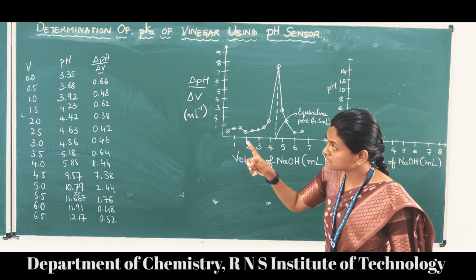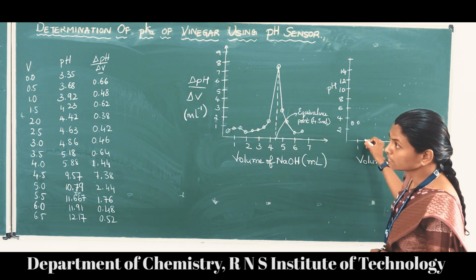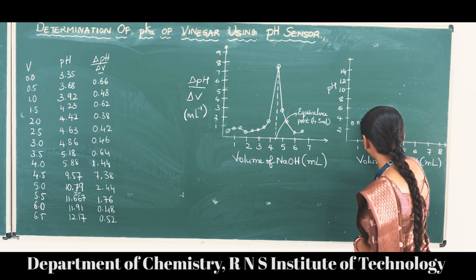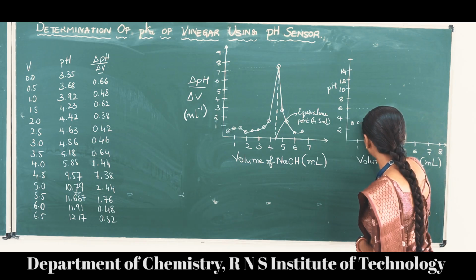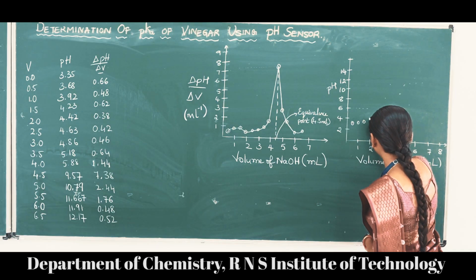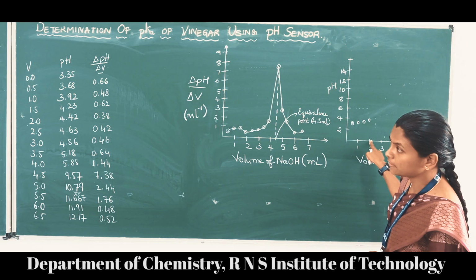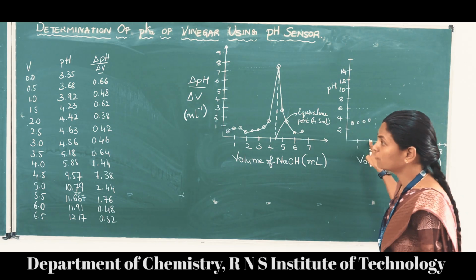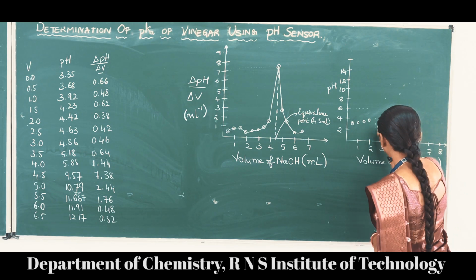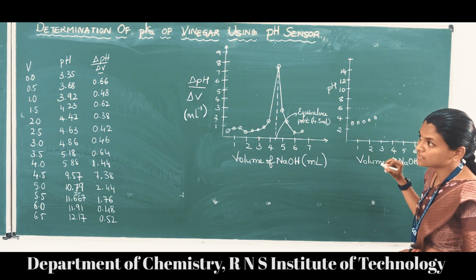And the next one is 3.92, that is at 1 ml. And the next is 4.42, so we'll mark it at 2 and encircle it. And the next value is 4.63, so we'll mark and encircle that also.